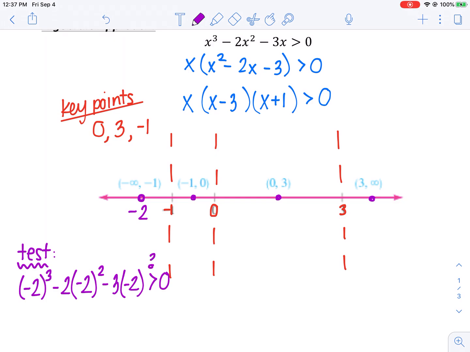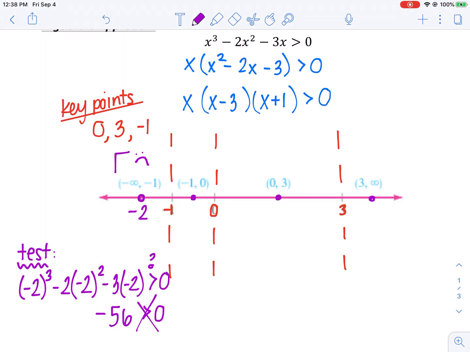Please put that question mark because you are questioning. If it's true, great. If it's not, then that's just not where the solution is. When you simplify this left side, I get -56. Is -56 greater than 0? No. So you can put a little sad face in this area.